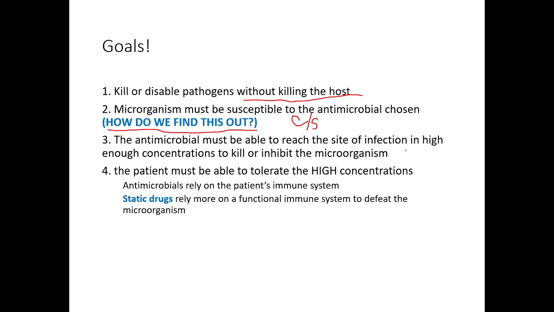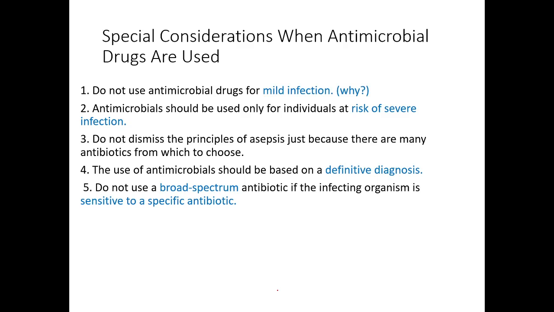So tissue, where it accumulates in tissue, is really important. And the patient must be able to tolerate high concentrations. The antimicrobials rely on the patient's immune system, especially static drugs. We need a functional immune system if we're trying to defeat the microorganism with bacteriostatic drugs or fungistatic drugs.